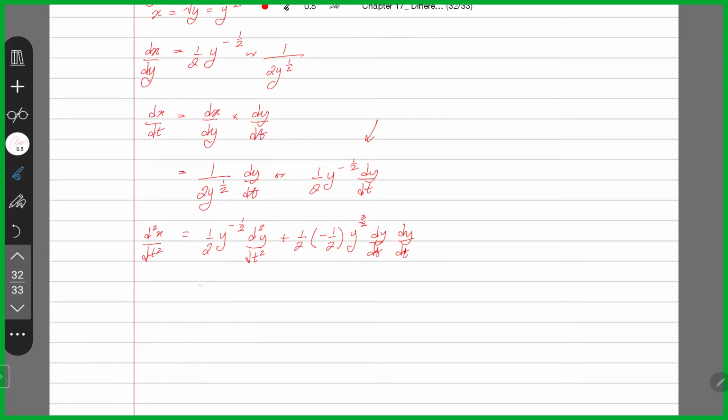So we could simplify to 1 over 2y to the half d2y by dt squared minus a quarter, this should have been negative up here, 4y to the 3 over 2, dy by dt, and this is squared.